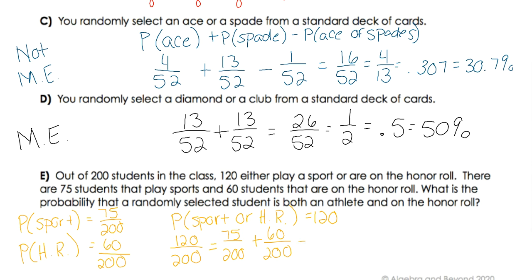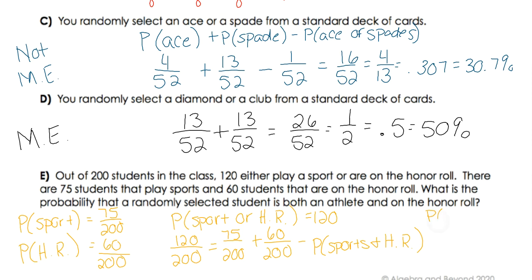So what I need to figure out is what did I have to subtract in order to get the ones that are both, the overlap, if you will. So we need to figure out what that is. So we said we're at 135 students from the either or categories. That means that to get back to 120 for the separation, then we have 15 too many.